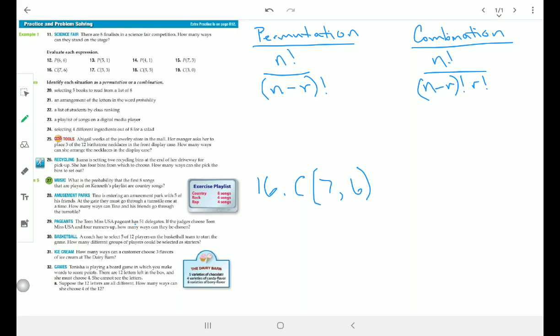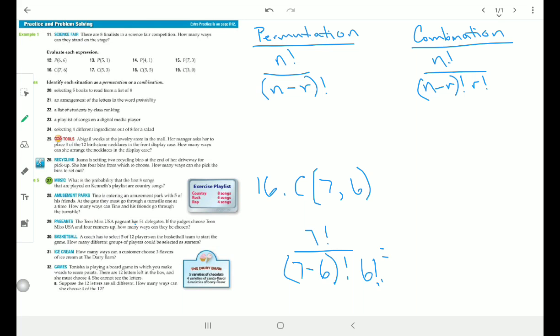If we're using the combination formula, our total choices go on top, that's 7 factorial. And then we have 7 minus 6 factorial, multiplied by the number of choices we pick, so 6 factorial.